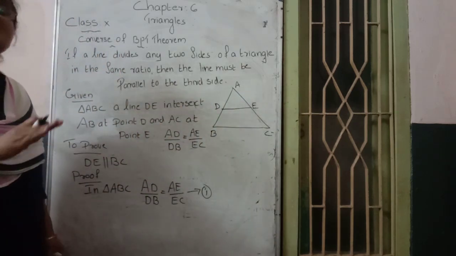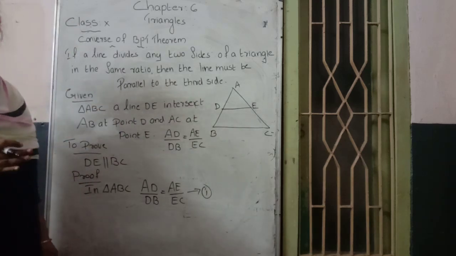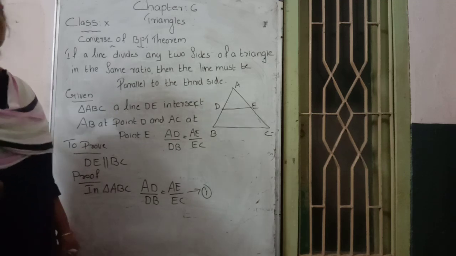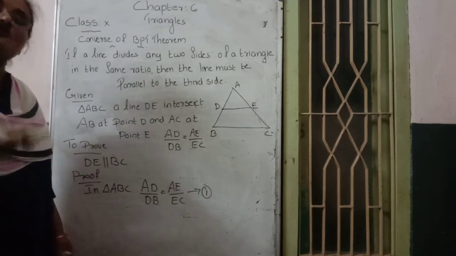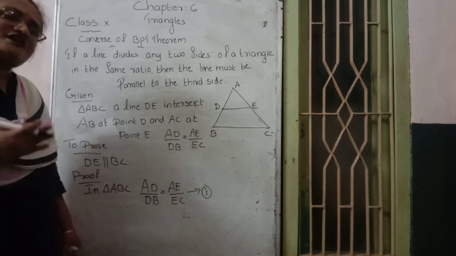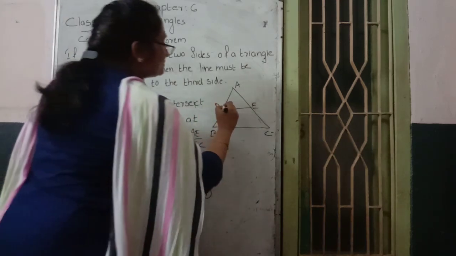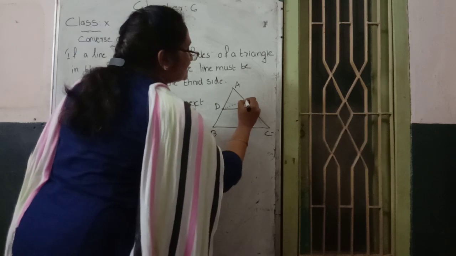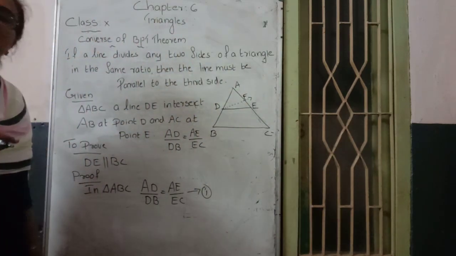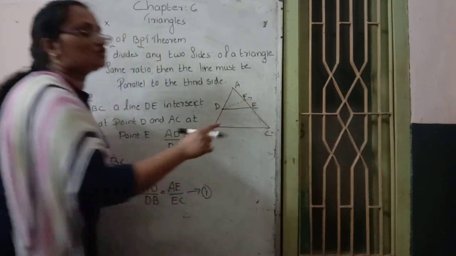We assume that DE is not parallel to BC, and finally we reach a contradiction showing our assumption is wrong. So from D we draw another line, mark it as F. DF is the other line, and we first prove DF is parallel to BC.